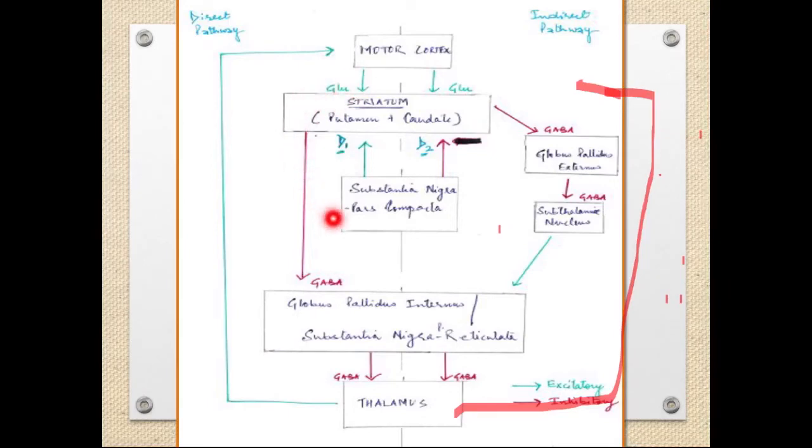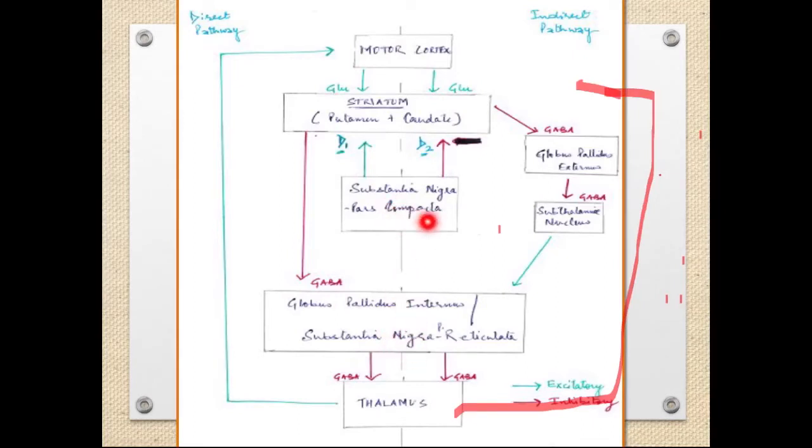Now what is happening within the basal ganglia? That is the main concern for us, right? Within the basal ganglia there are intraganglionic connections, and the most important, major chunk of this intraganglionic connection is the connection from the nigra to striatum, the nigrostriatal pathway, from the pars compacta part.